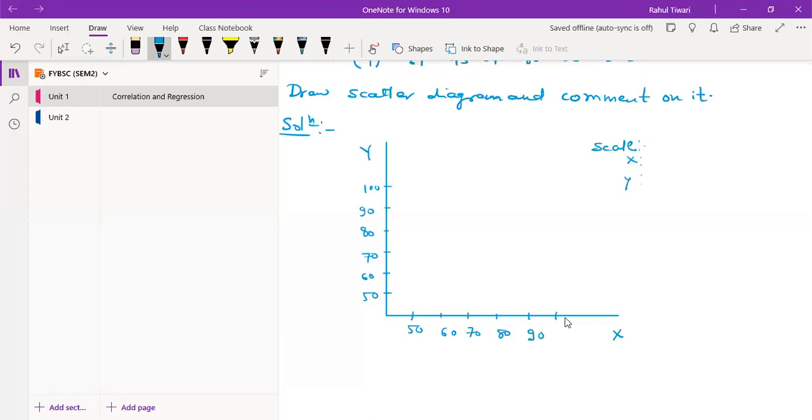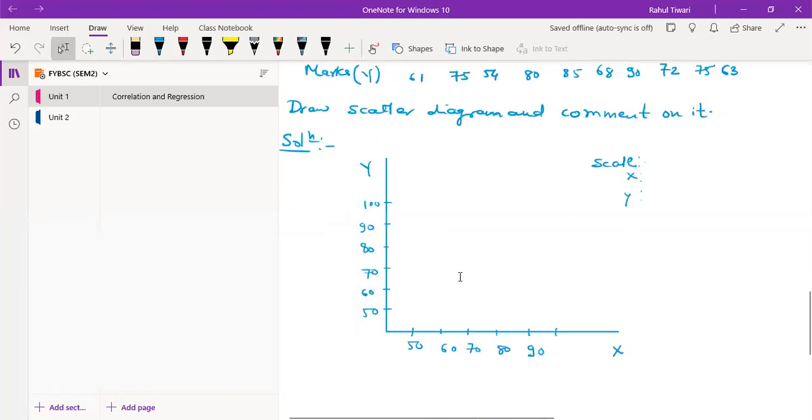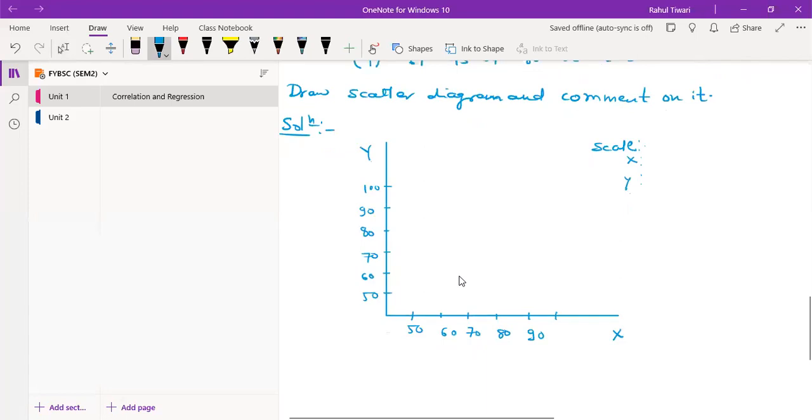Then you can start taking the points. So 50, 61 means somewhere here. You have to draw the points, so this is my point.